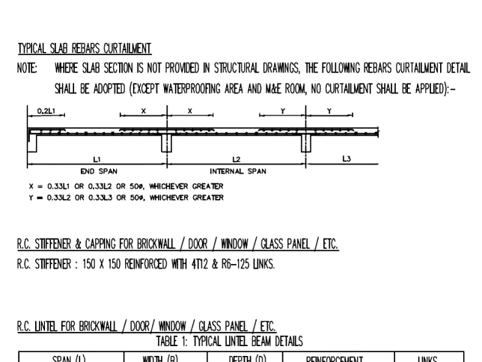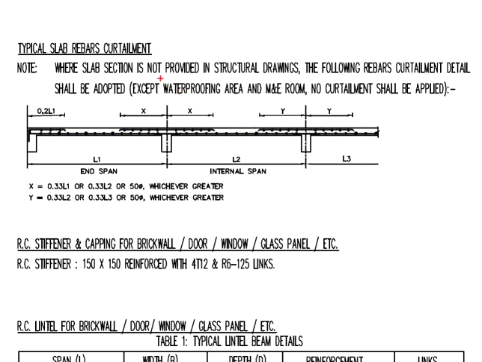If you refer to typical industry practice, normally they will put a note stating that where slab sections are not provided in the structural drawing, the following rebar curtailment details shall be adopted. Except waterproofing areas and MME room, no curtailment should be applied. The meaning of curtailment here is that you can reduce the amount of reinforcement bar here.